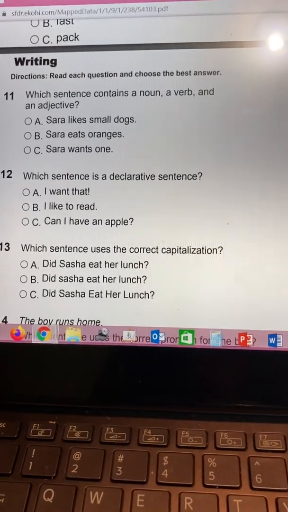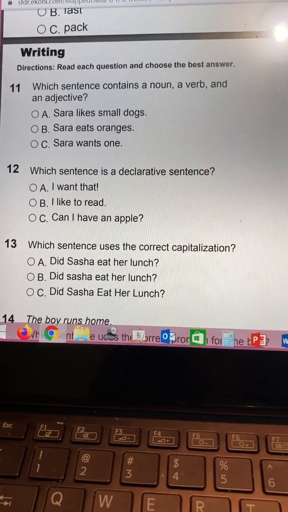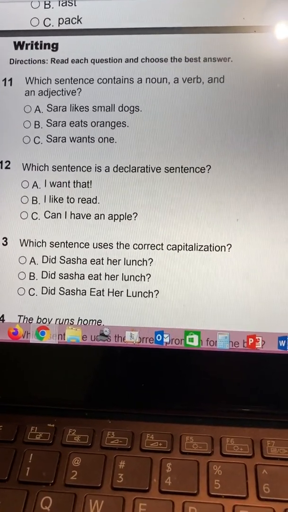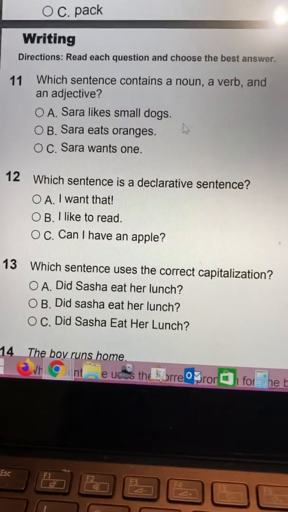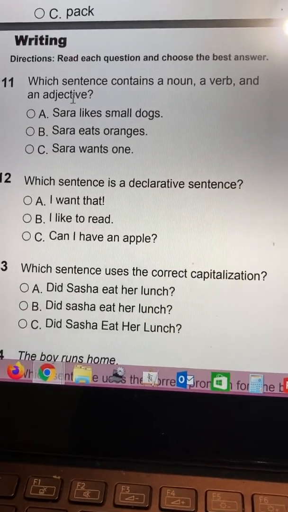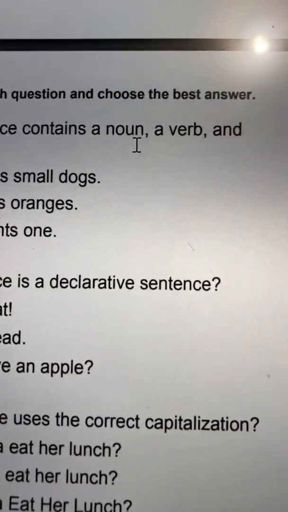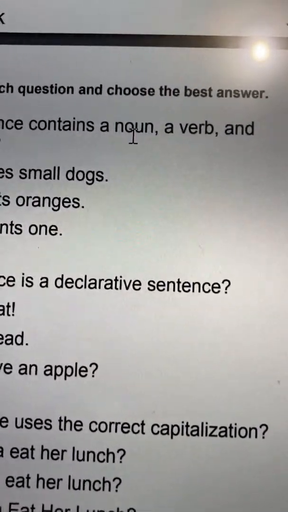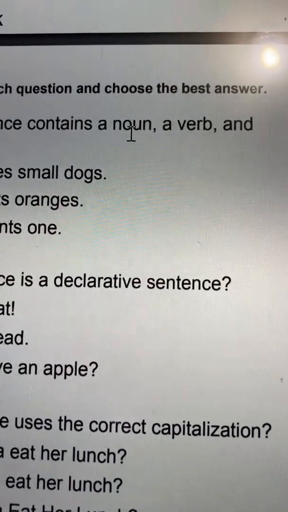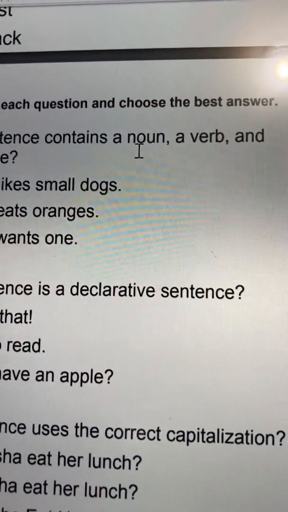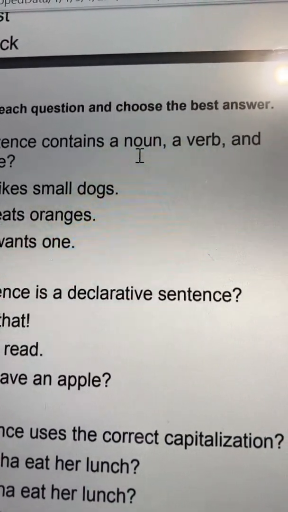Then you have your third ELA assignment, which is your writing assignment. And this one is asking your first one about nouns, verbs, and adjectives. Which sentence contains a noun, verb, and adjective? Just to review, a noun is a person, place, or thing. Okay? So make sure your sentence has a person, place, or thing.